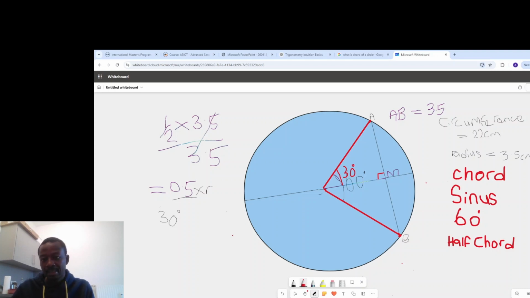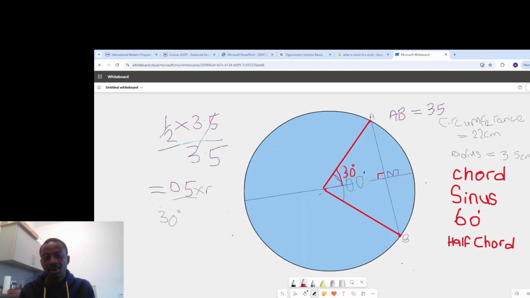It means that when you have two points where the distance between them is the same as the length of the radius of a circle, the angle that those 2 points form, if you are taking from the center in a circle, is 60 degrees, and half of that will give you 30.